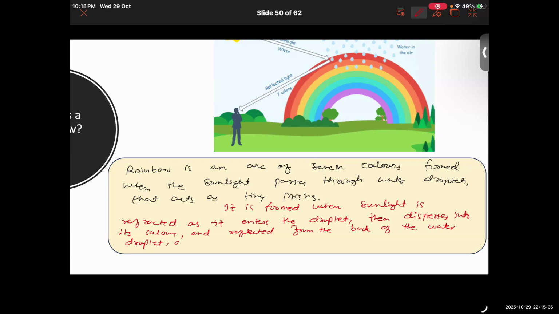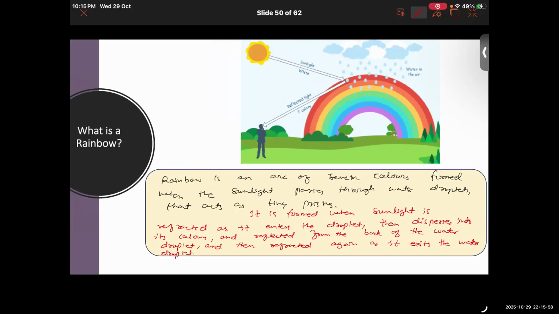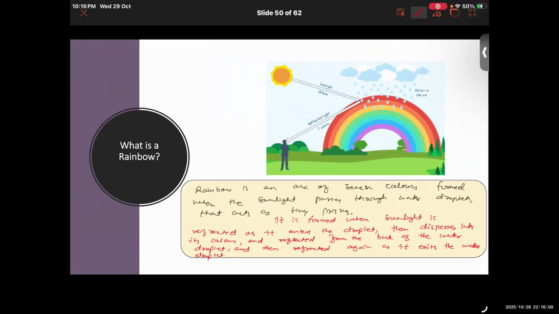Okay, and then it is refracted again as it exits the water droplet, and that basically creates the arc of the colors, right?